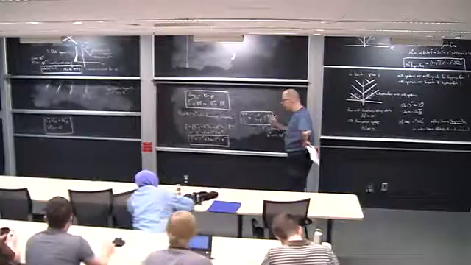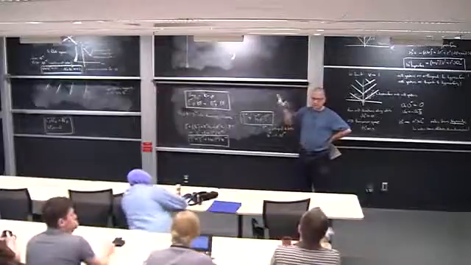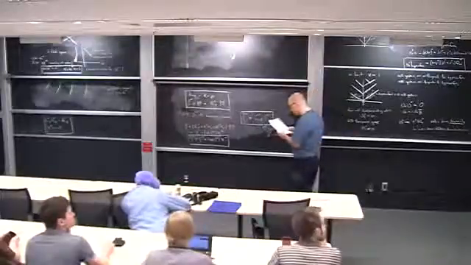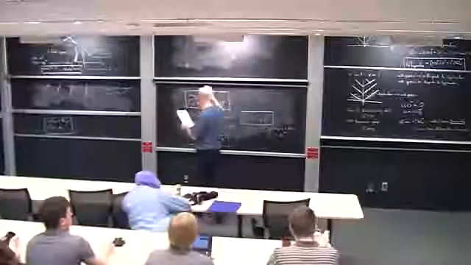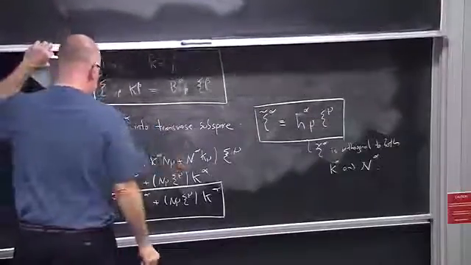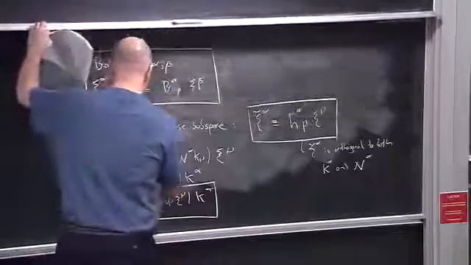All right. Well, now that I have the deviation vector, the one that I really want, what I want to calculate is its evolution along the congruence. So this is the transverse deviation vector.